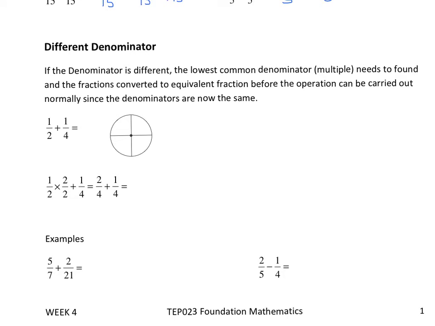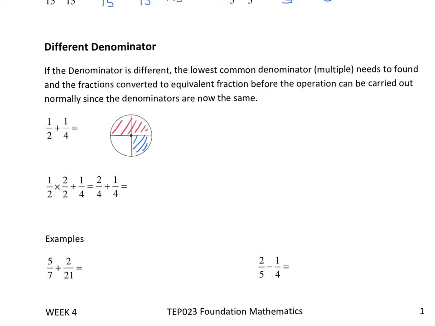Then we need to find the lowest common denominator, which is going to be a multiple of both the denominators, and we need to convert the fractions to denominators that are equivalent before the fraction operation can be carried out. So if we have a half plus a quarter, we can represent that as a half of the circle shaded plus a quarter. We know the answer is going to be 3/4.